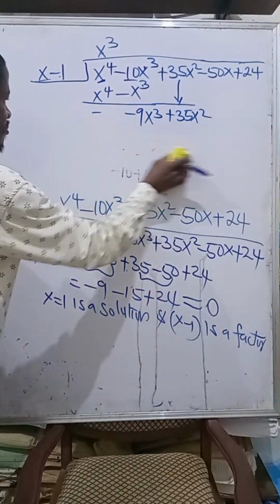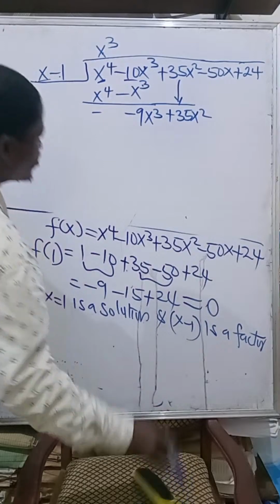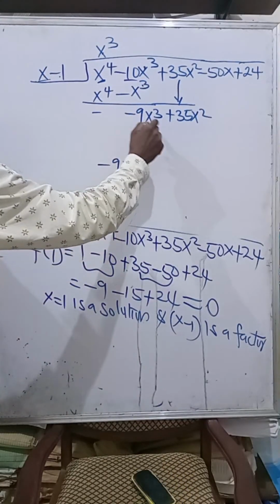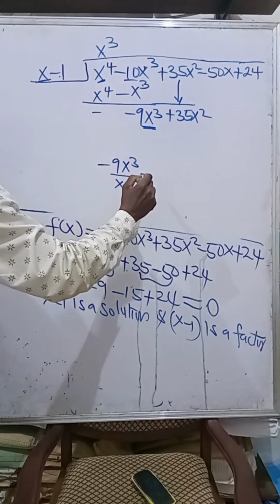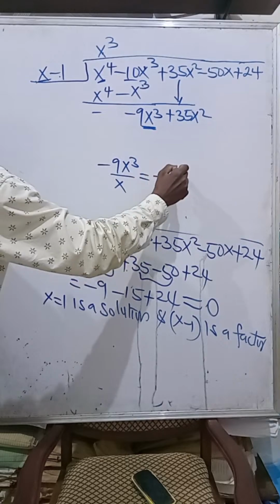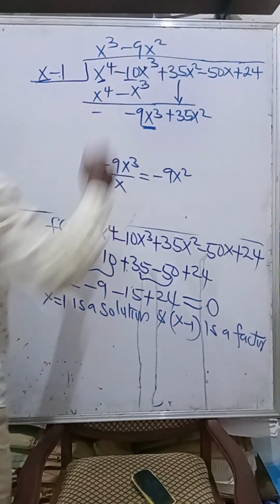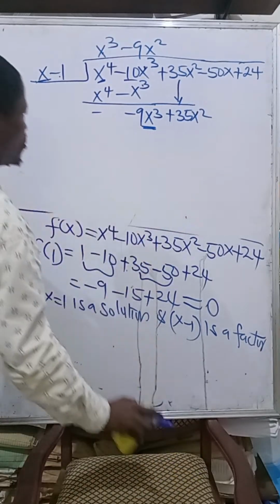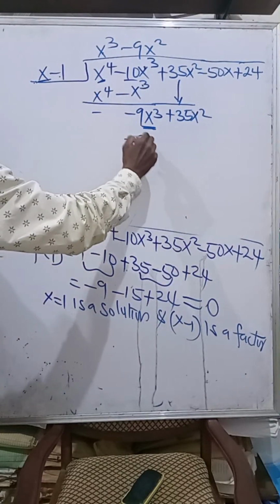Then the next thing to do now is to repeat the process. Take the first one here over the first one here, and that will be equal to minus 9x squared. Then use it to multiply the divisor. This one times this one, that's minus 9x cubed.